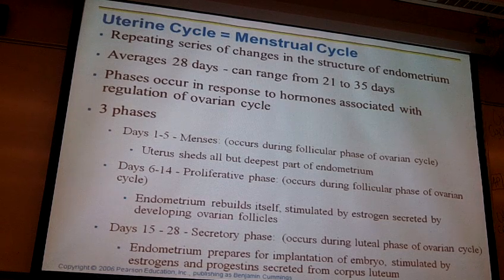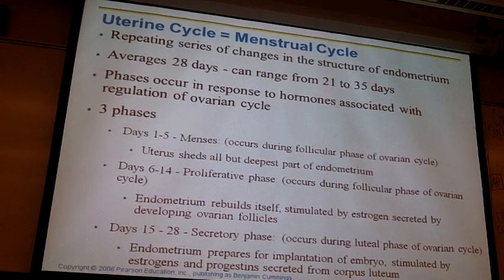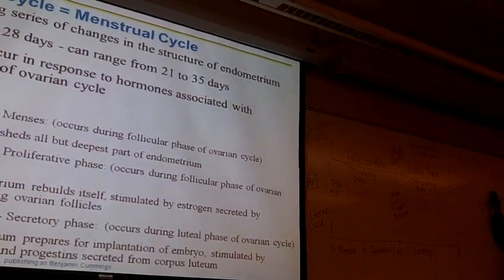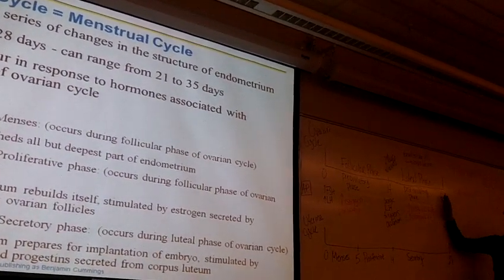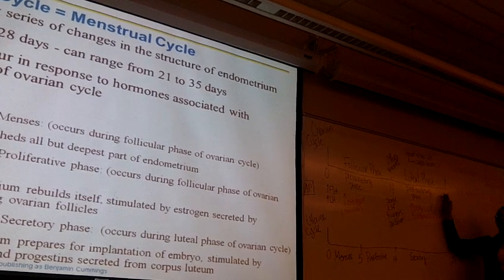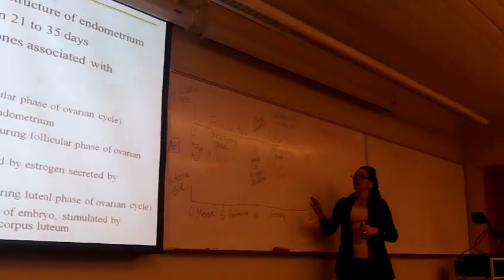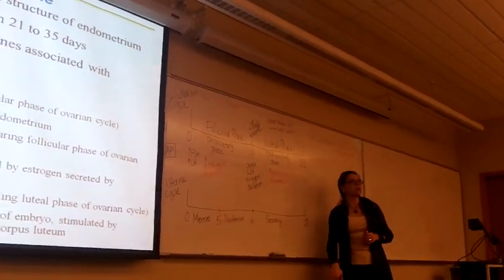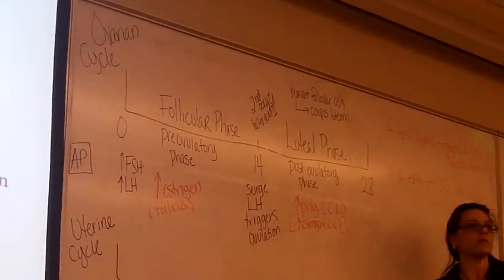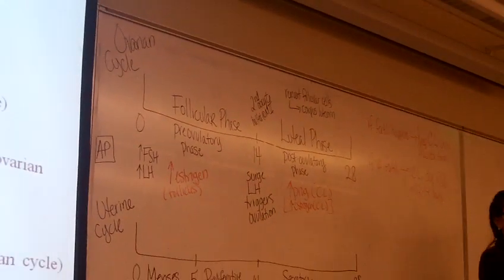So what's going to happen here is, if we look at the end of an ovarian cycle, if there is no fertilization, then the corpus luteum dies off. And when the corpus luteum dies off, progesterone levels and estrogen, but mostly progesterone, plummet. And when progesterone levels plummet, that triggers the endometrium to slough off.